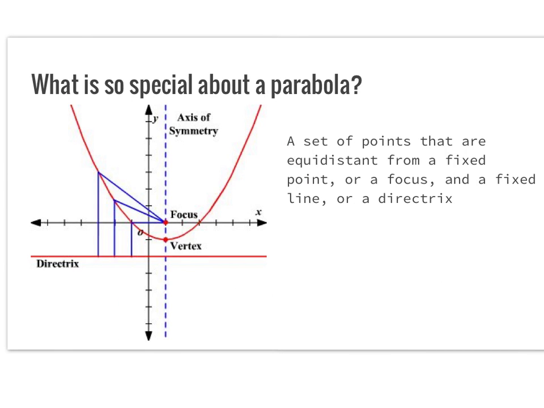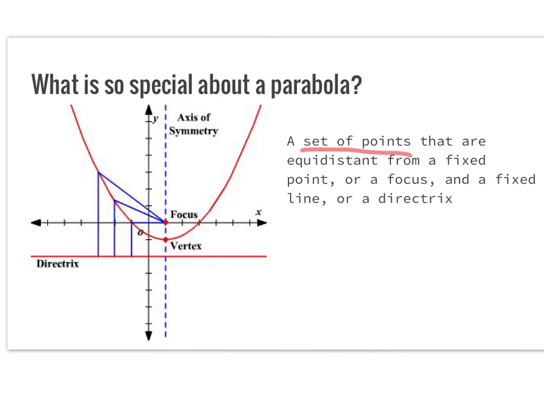And what is so special about this parabola? So there's a definition of a parabola, which in the mathematical world is defined as a set of points that are equidistant from a fixed point, or a focus, and a fixed line, or a directrix. Equidistant means the distances are equal.